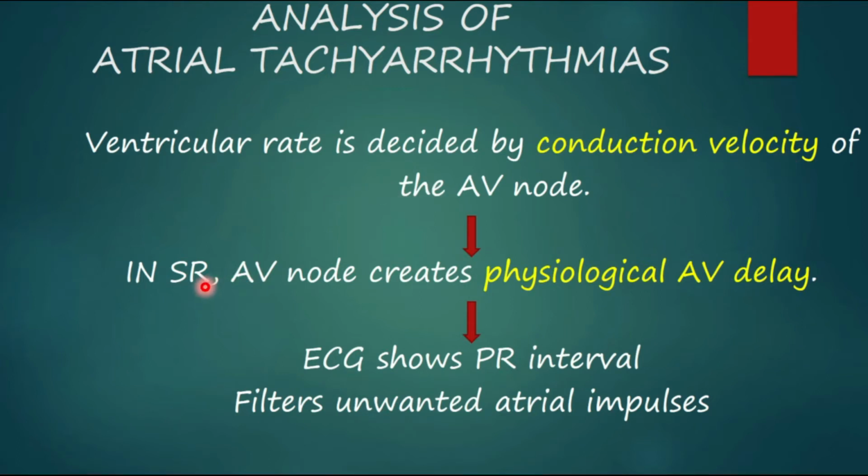During sinus rhythm and during normal cardiac cycle, the AV node creates a physiological AV delay. As you know, because of this physiological AV delay and the time taken to depolarize atria produces normal PR interval.